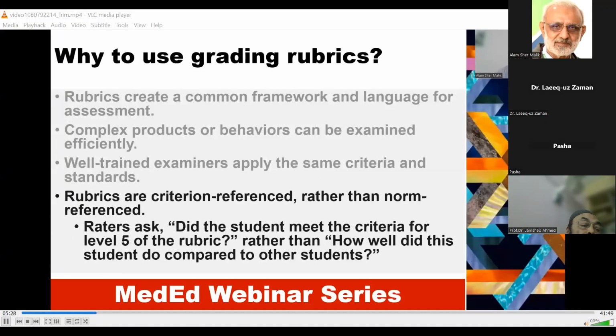Rubrics are criterion referenced rather than norm referenced. The examiners ask, did the student meet the criteria for level 5 of the rubric, rather than how well did this student do compared to other students. Just to receive a specific level of achievement, the student must meet that particular criteria.